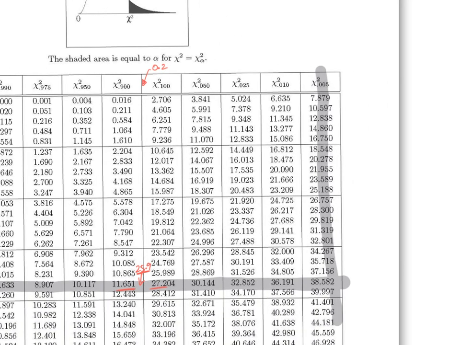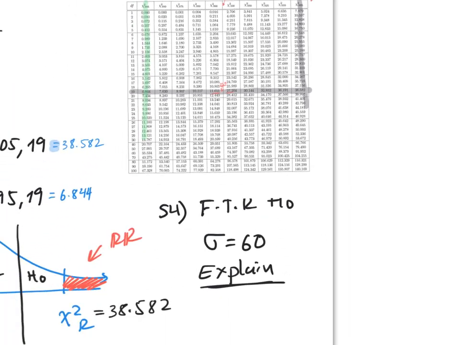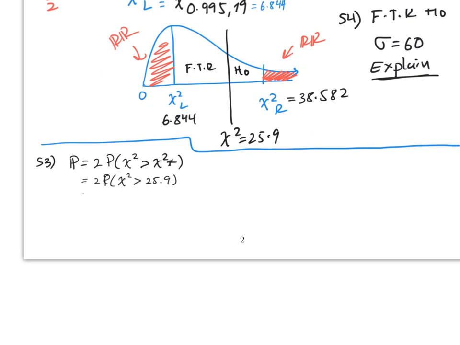If it is here, we're going to pick 0.001, just like we did in the t-table. So in this particular case, we're going to go with 0.2, so this will be 2 times 0.2, which is equal to 0.4. And then finally, remember the last step, you compare the p-value, which is 0.4, with alpha, which is 0.05. Clearly this is greater, and that means fail to reject H0.